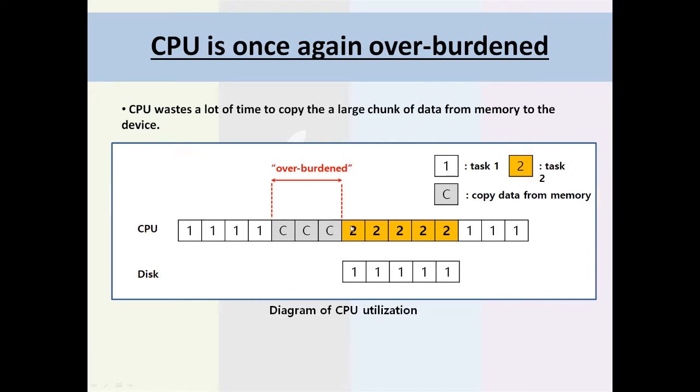Say we were doing some sort of operation, but we needed to transfer a large amount of data to memory or from one location in a disk to another location. In this case, the CPU is once again overburdened by performing this large copy of data. It wastes a lot of time and effort that could be better spent running other processes.